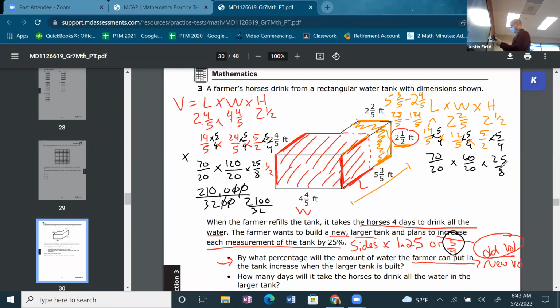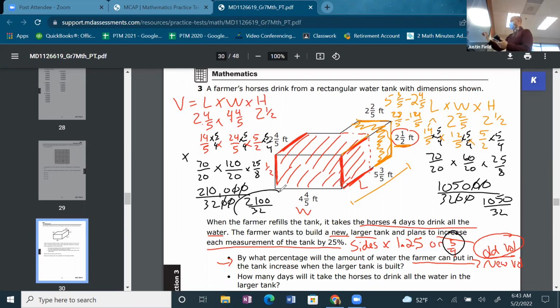All right, 70 times 60 times 25 is 105,000. 20 times 20 times 8, 3200. Cross off my zero, 1050 over 32.